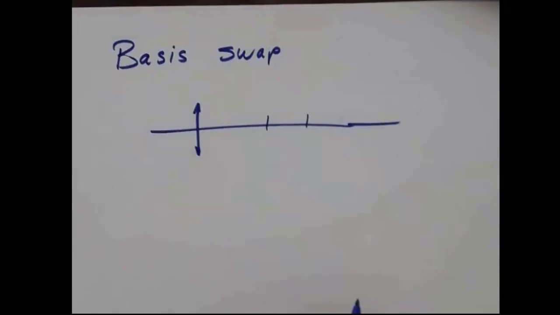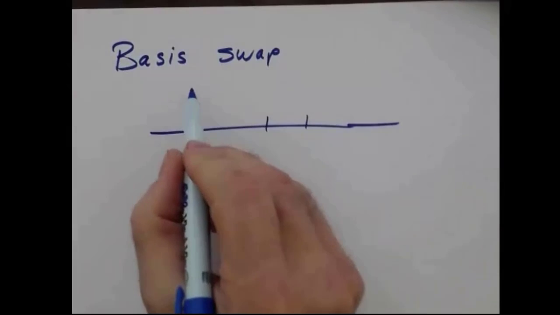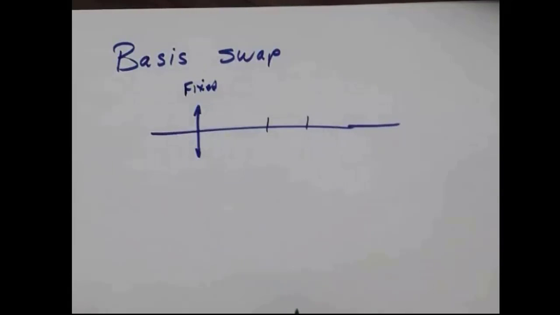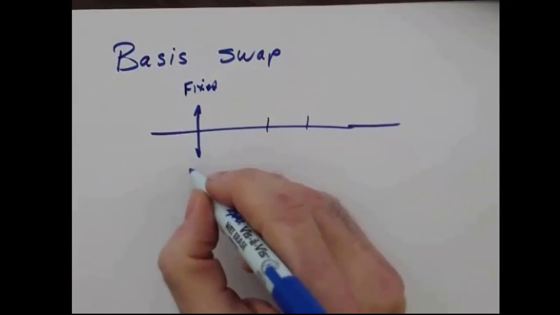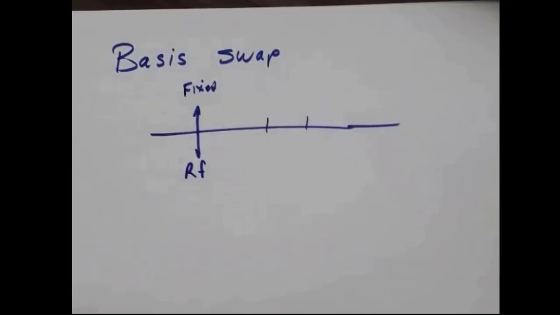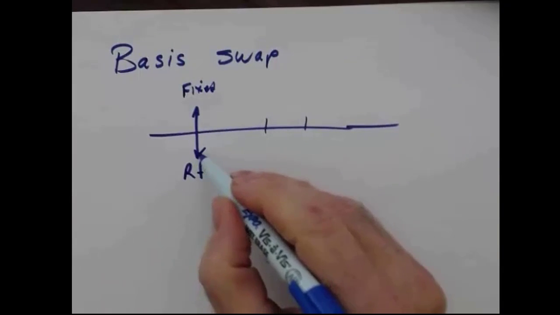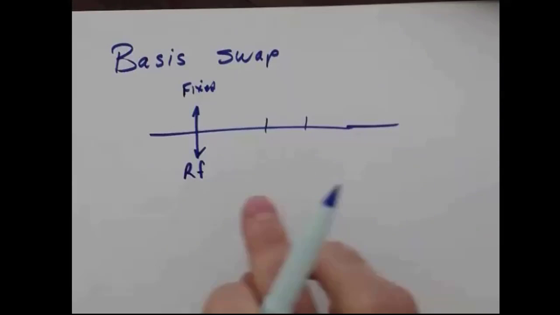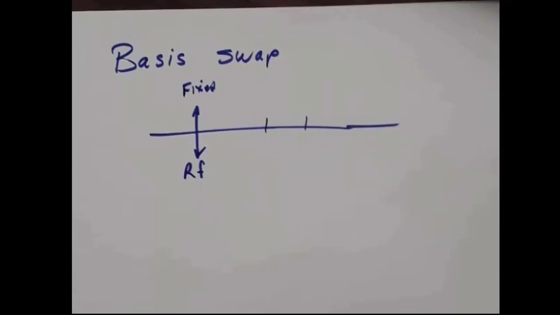We could have a swap where we receive a fixed rate, and then that we pay the risk-free rate, basically say a T-bill, a 3-month treasury bill. So we're paying the treasury bill and we're receiving a fixed amount. Okay, this would be one plain vanilla interest rate swap.